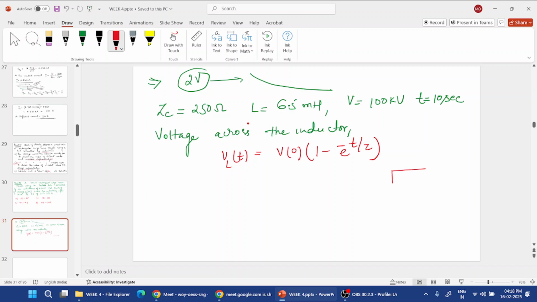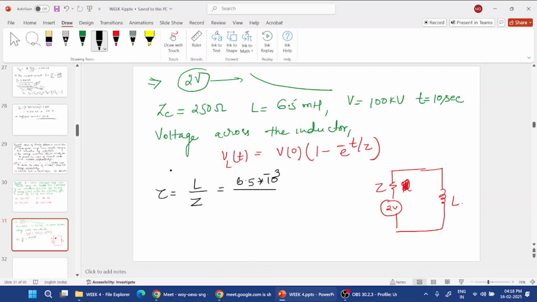Here it is 2V, this is Z, and this is inductor L. Tau is equal to L by Z, so 6.5 times 10 to the power minus 3 divided by 250. It will come out to be 26 microseconds. Now V0 is the maximum voltage, here it is 2V.